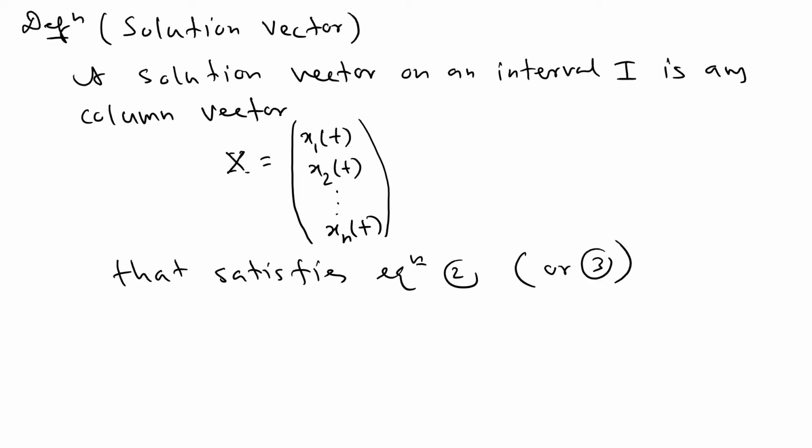If we have a vector that satisfies equation 2, that means x prime equals Ax plus f, then we call it a solution vector. We can take the component-wise derivative, and we have the A matrix and the x vector, and once you plug in, it should satisfy the equation. So it's exactly the same thing as we did with ODEs, but now we have n equations, so that's the only difference here.